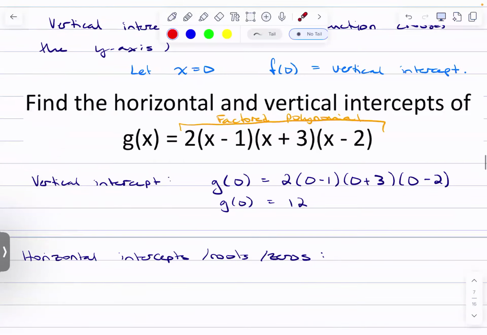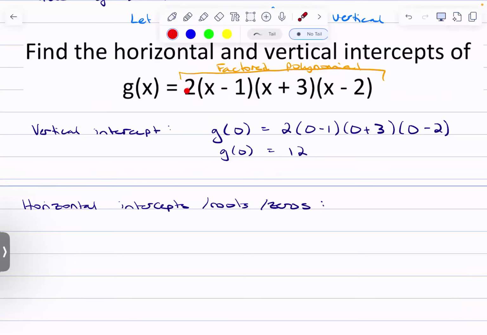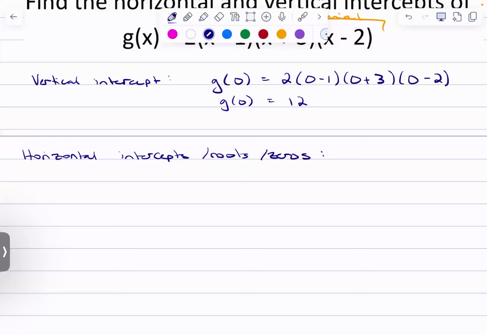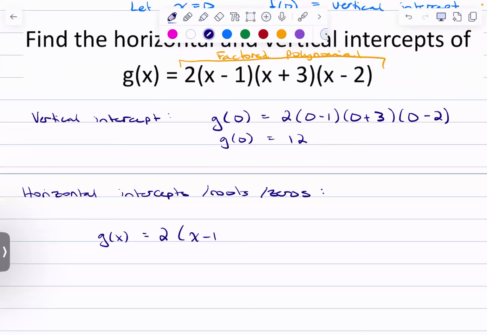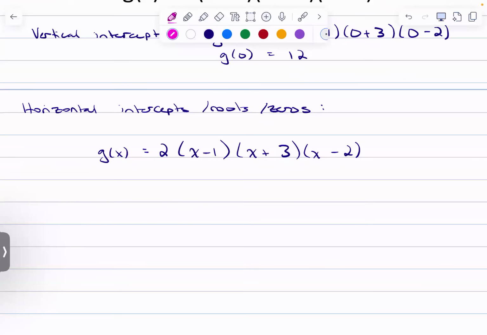And so what's really nice, if we have this factored polynomial, is I'm going to rewrite it here. G of x is 2 times x minus 1 times x plus 3 times x minus 2. Now from here, if this term is 0, because they're all being multiplied through, the overall thing just turns into 0, right? And so what would make that 0? X equals 1. First one, done.